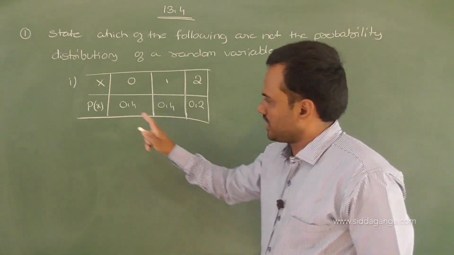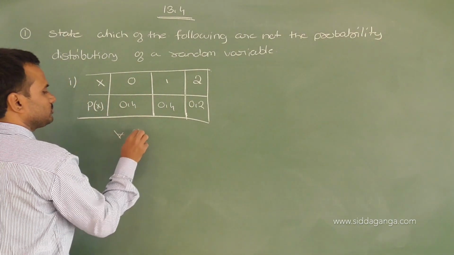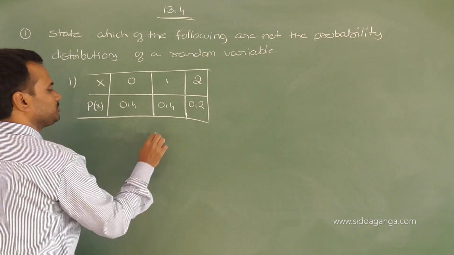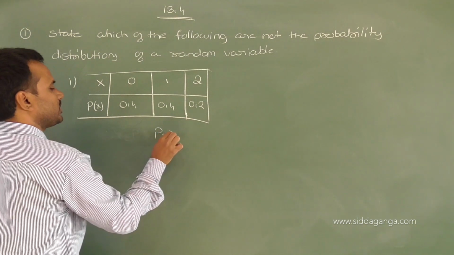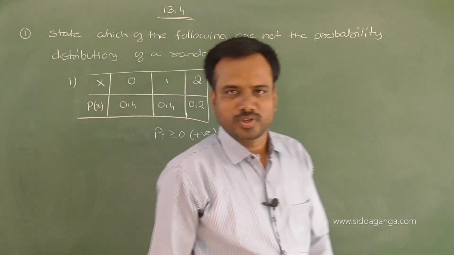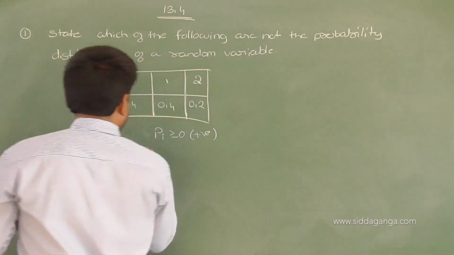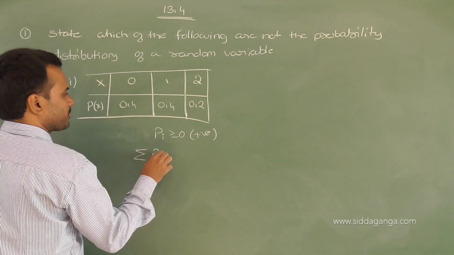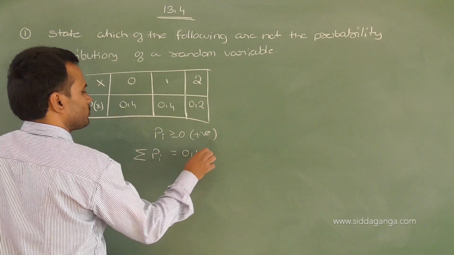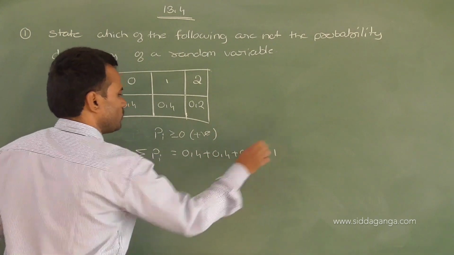Observe here, all Pi greater than or equal to 0, positive. Correct? First condition satisfies. Summation of Pi: 0.4 plus 0.4 plus 0.2 is equal to 1.